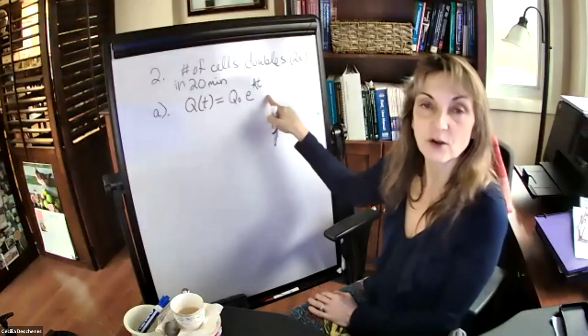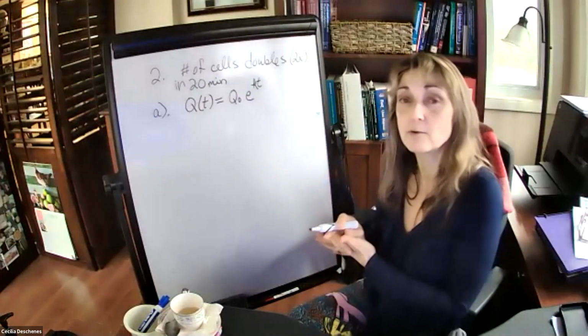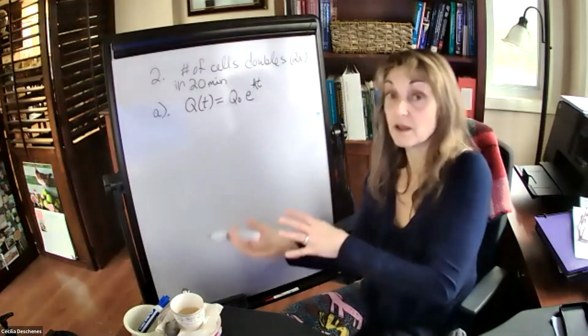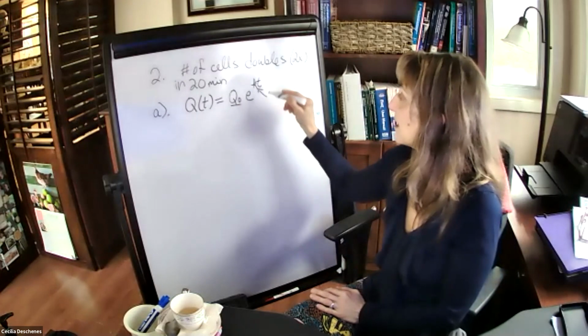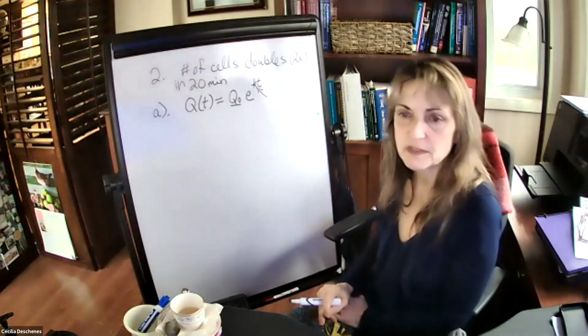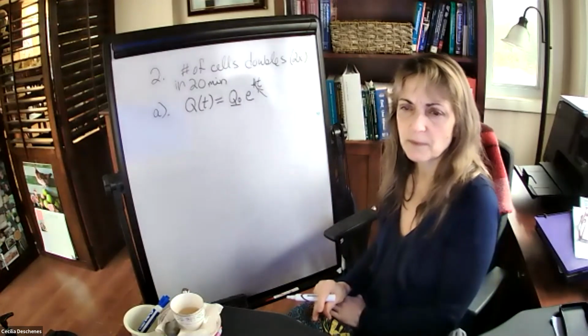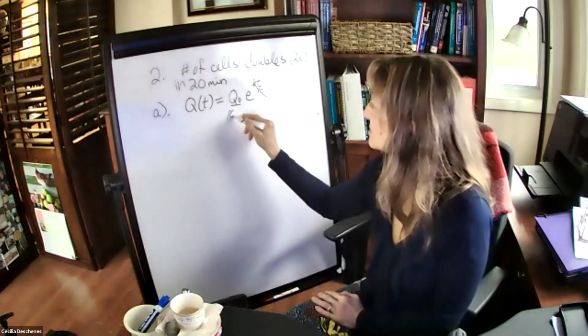So we're going to have to figure out Q naught and k, just like when you have y equals mx plus b and you have to solve for m and for b. Here you have to solve for Q naught and for k. So this says the initial cell population is 100, so they gave us this.